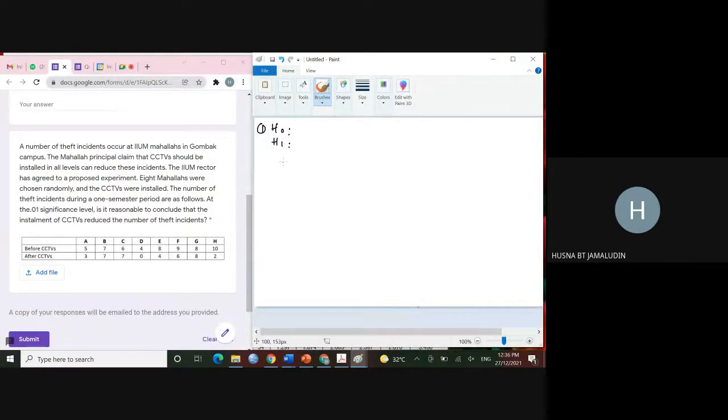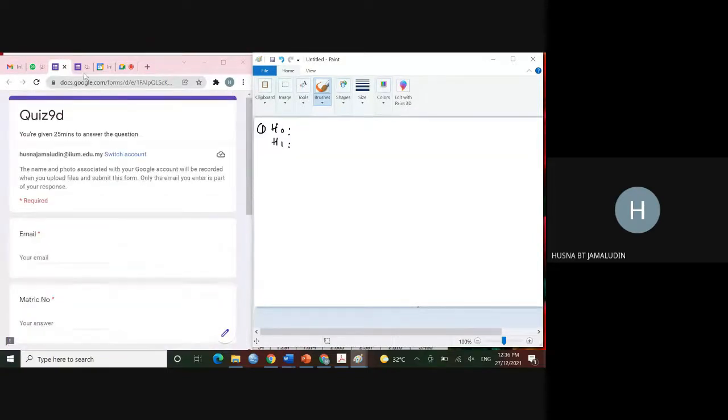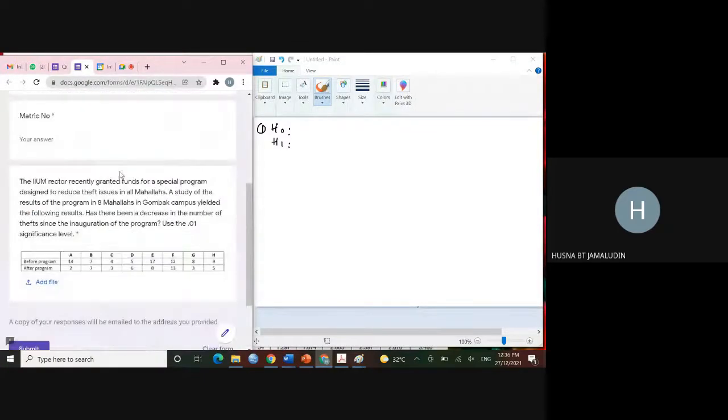Okay, so what is the H1? Tell me. Is it reasonable to conclude that the installments of CC are the same thing? No. This is section 5. What is the question? Has there been a decrease in the number of thefts since the inauguration of the program?